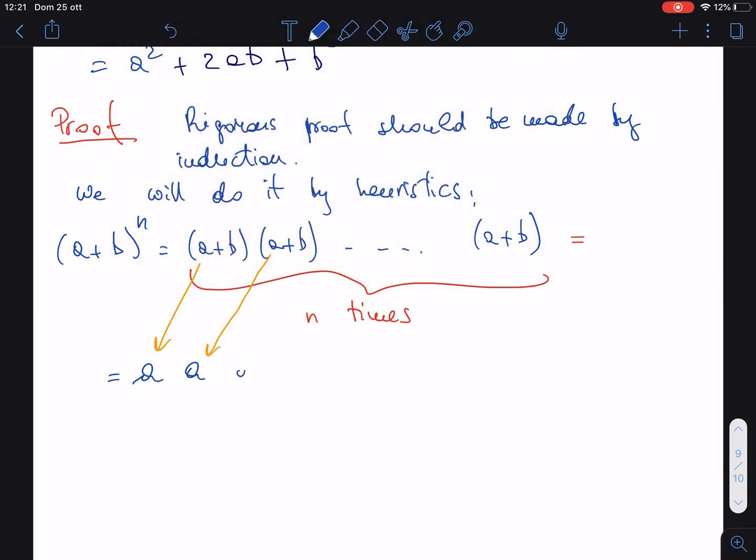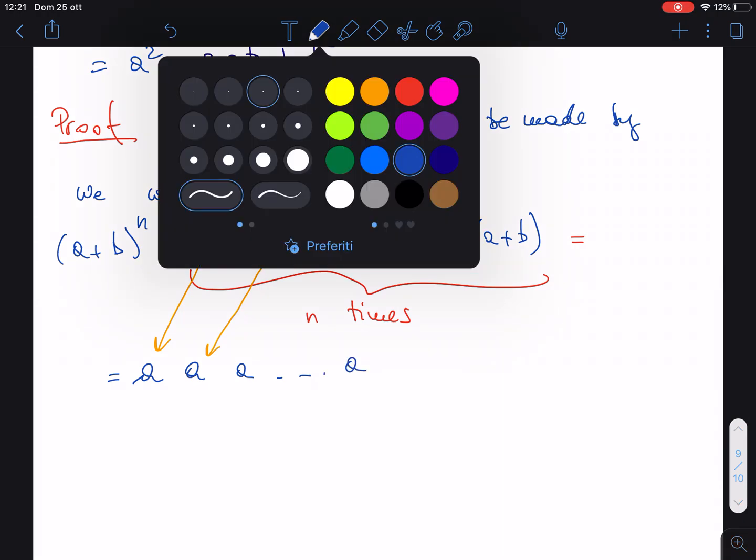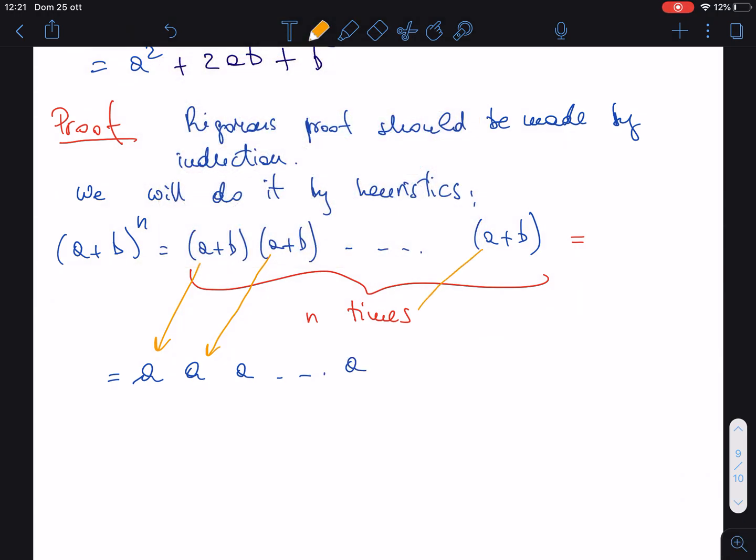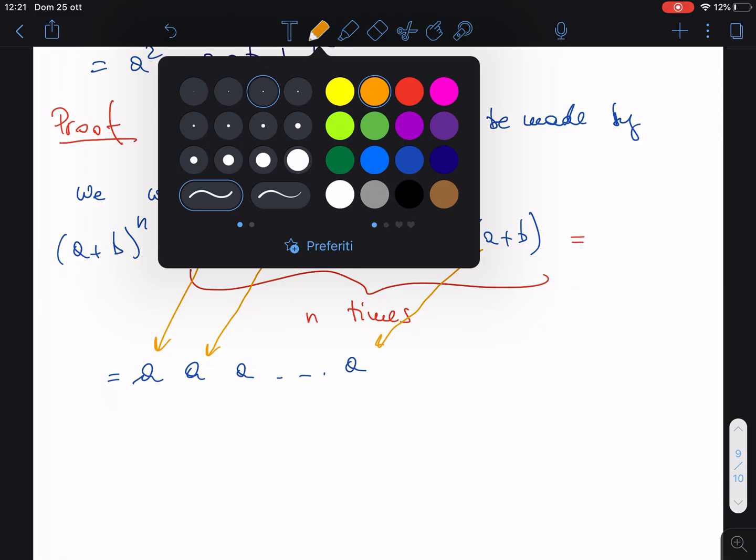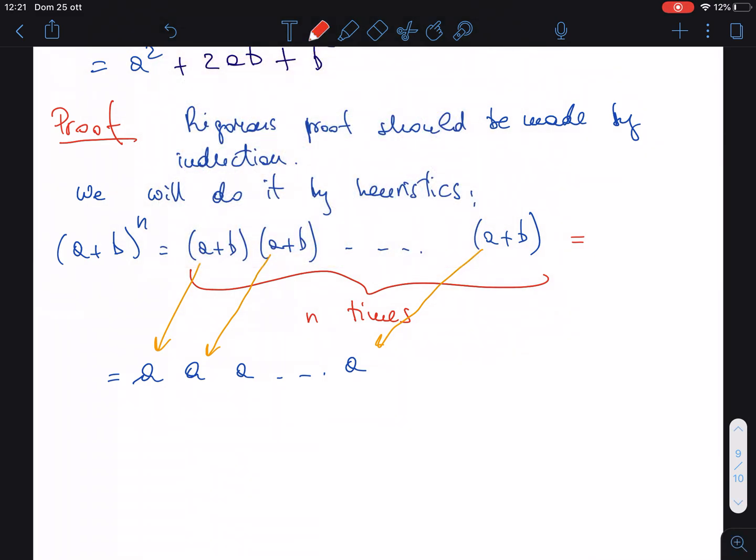From the third you choose a, and so on and so on, up to the nth. From the nth you choose a. Good. This is the first term. And of course this is made n times.